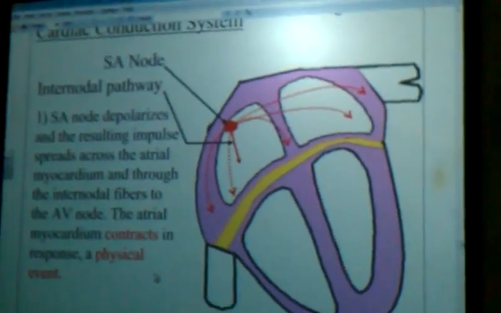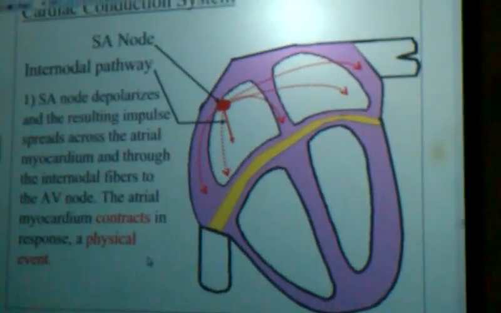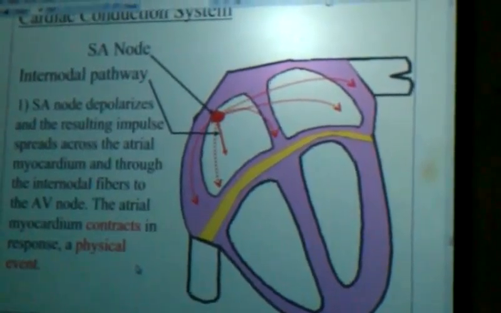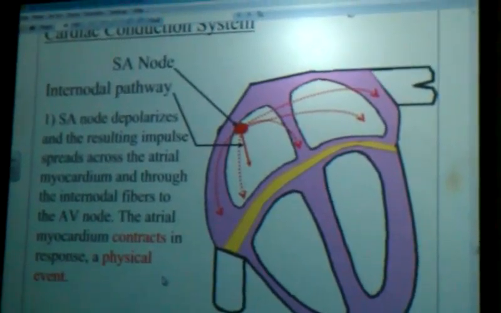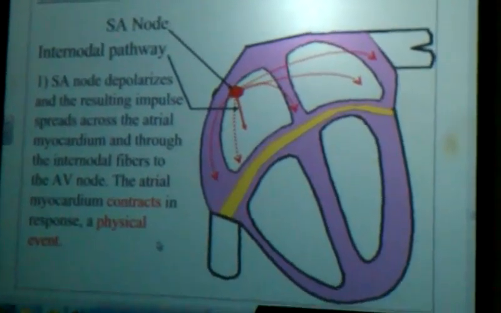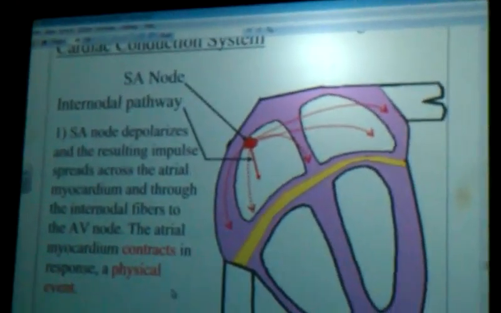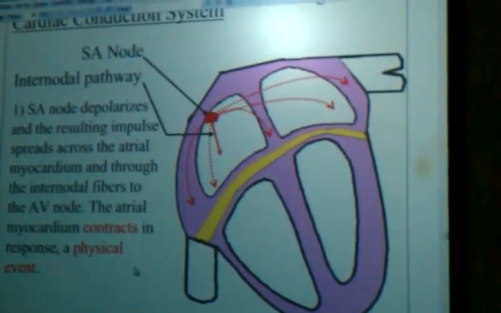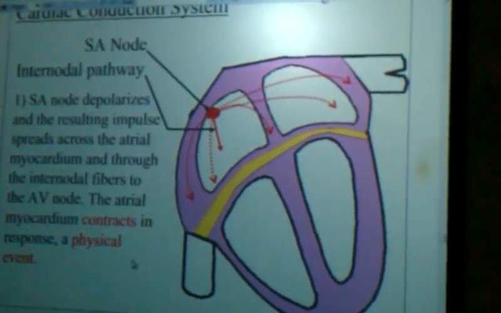All right, so let's look at the SA node to start with. Myonodal cells are collected in the top part of this chamber. And this SA node can receive impulses from, for example, the brain, telling it to speed up or slow down. However, it makes its own signal.